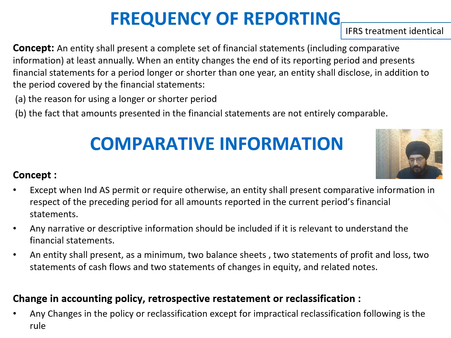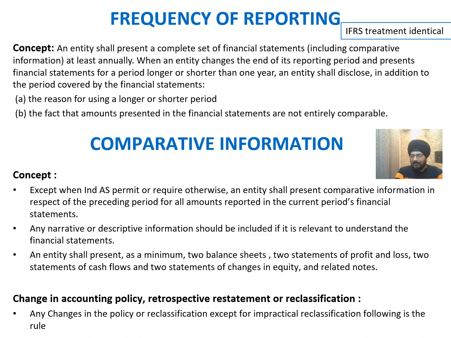Those kinds of things happen when there is a merger or demerger scenario, or when a company starts a new company and is starting operations from the middle of the financial year.